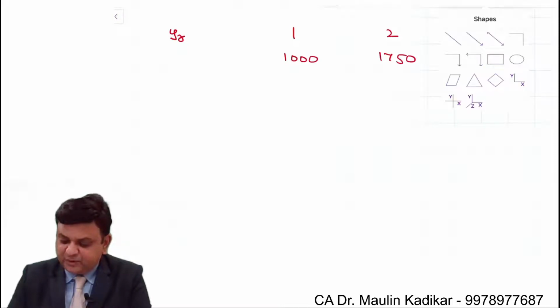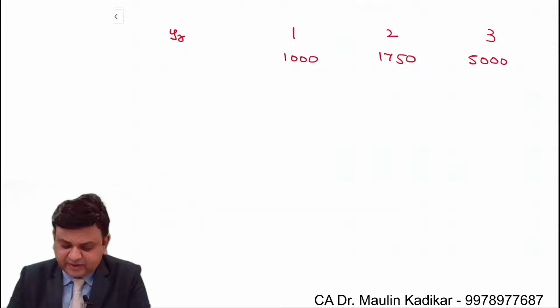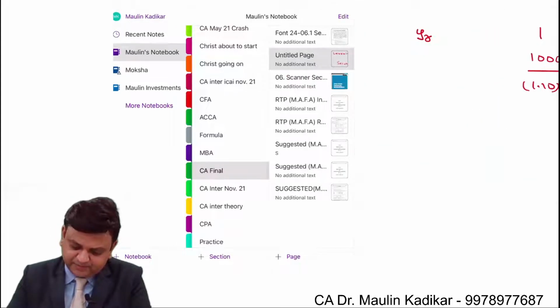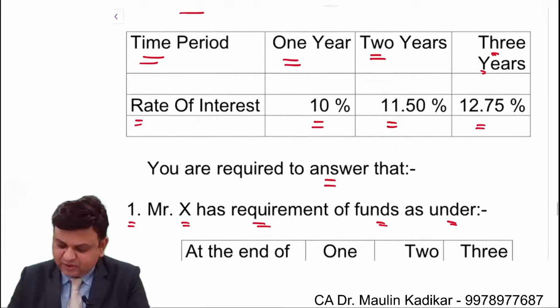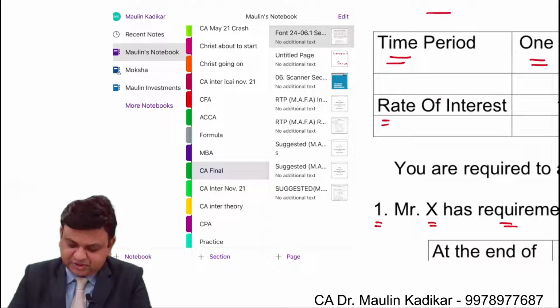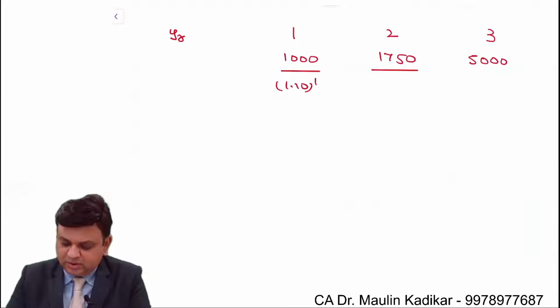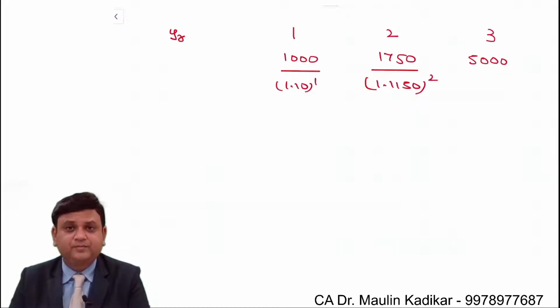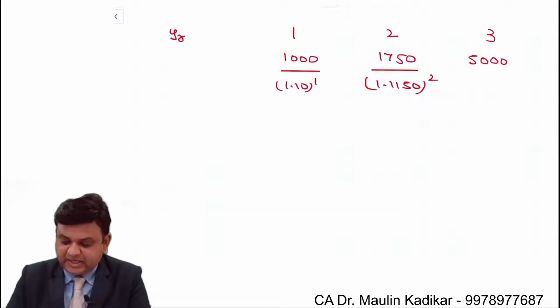For the 1 year deposit, the rate of interest is given as 10%. For the 2 year deposit, the rate of interest is slightly different, 11.5%, so divided by 1.115 raised to 2. And for the 3 years, again the rate of interest is different. It is provided as 1.1275 raised to 3.